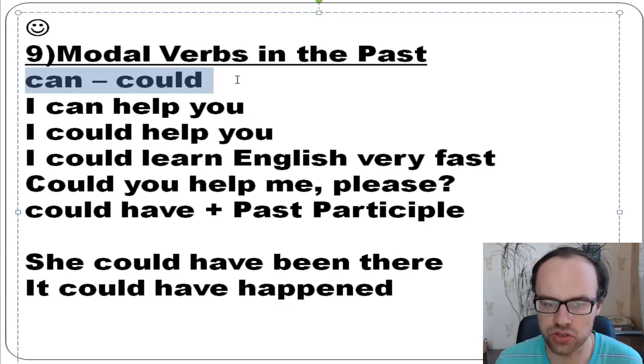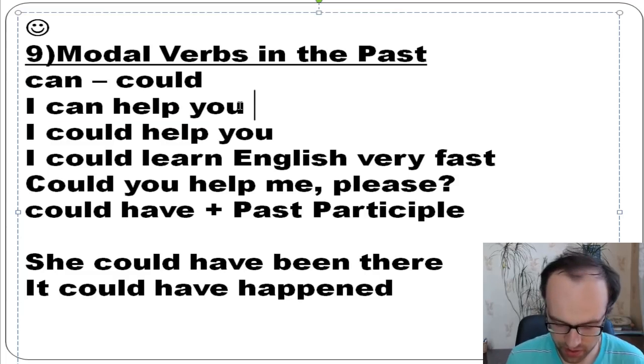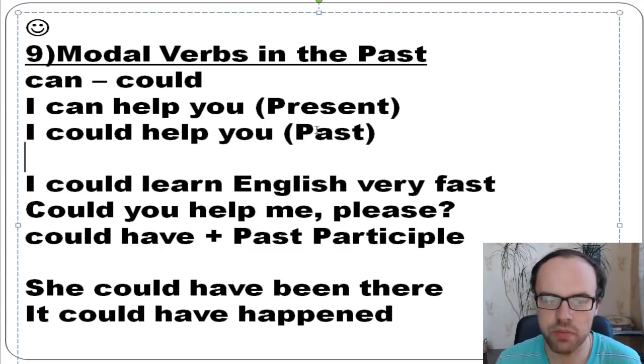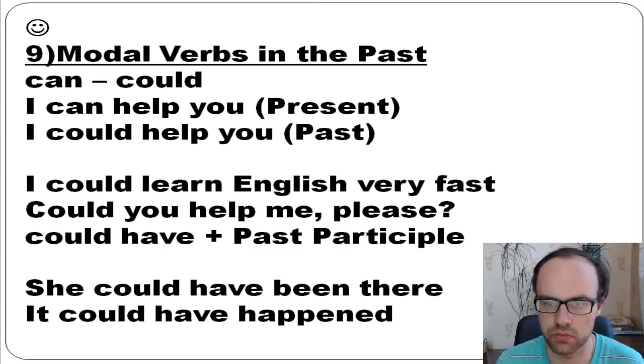So can and could. You know that we use can for the present and could for the past. I can help you, so it's about the present. And I could help you, it's about the past.